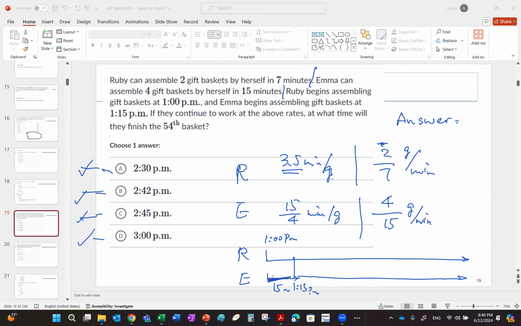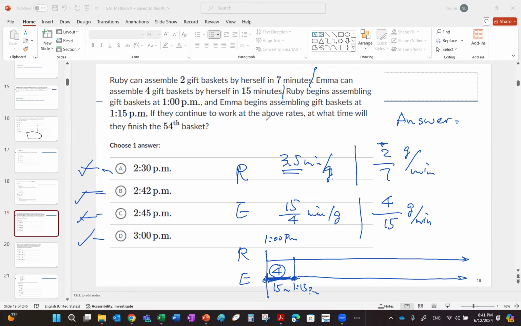If Emma used these 15 minutes, she would get the additional 4 gifts. Suppose Ruby and Emma began at the same time on the clock, Emma would make 4 at this moment. If she begins a quarter hour later, she makes 4 fewer.